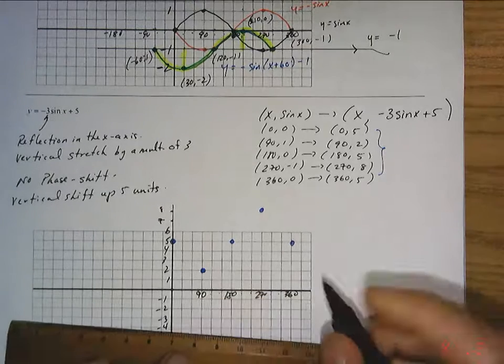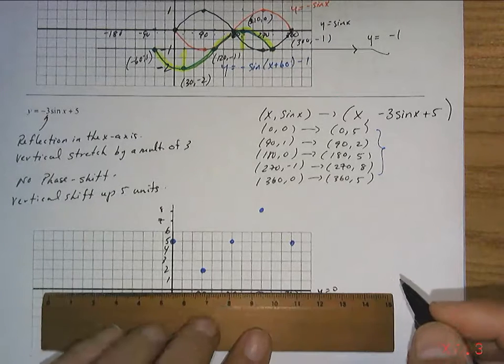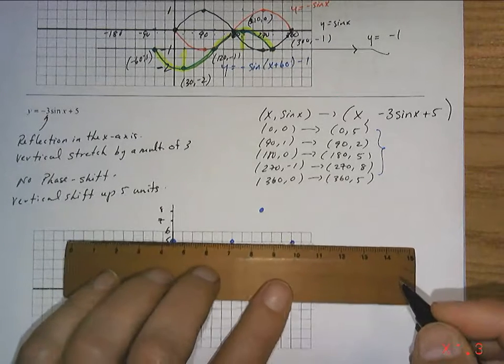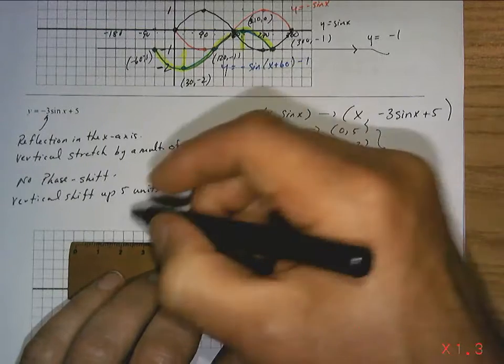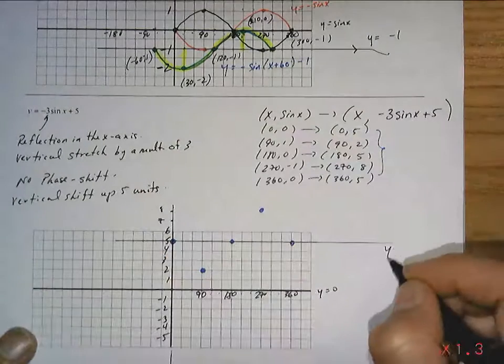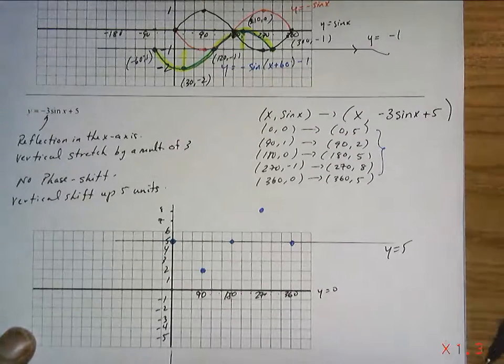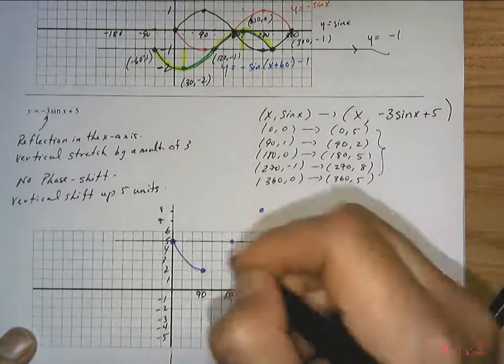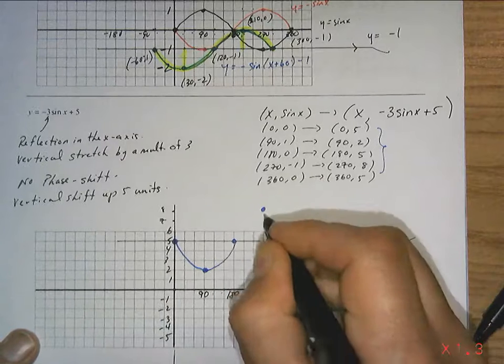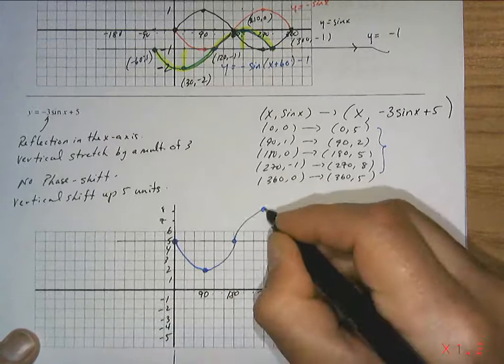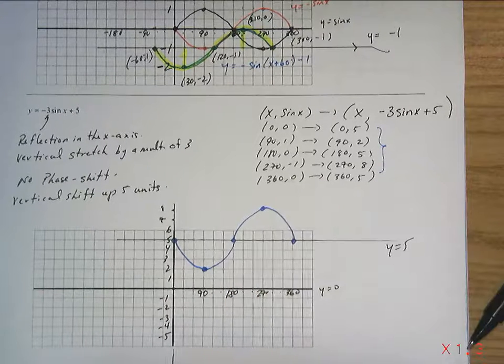Well, it went from y equals 0, got moved up 5. Here it is. Y equals 5. And we're going to sketch the graph. You got to get that wave in there. And that's your curve. And you're done.